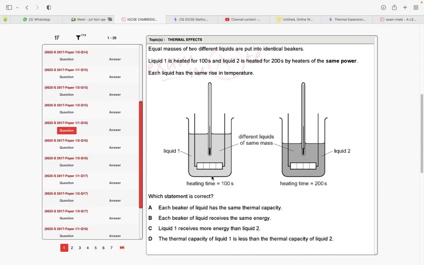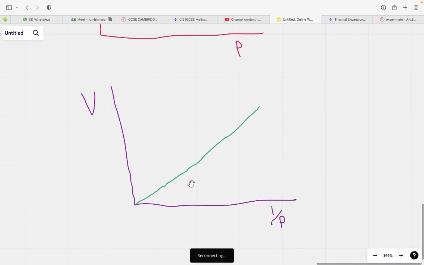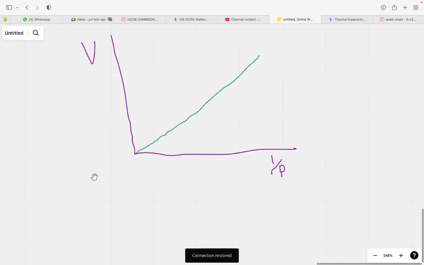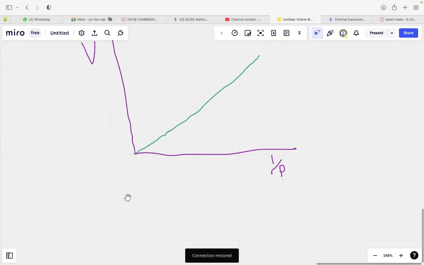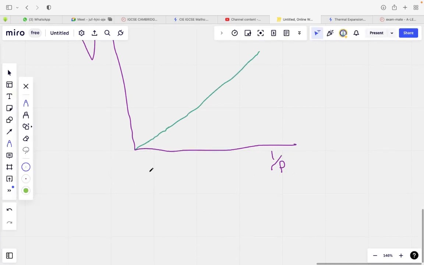That's wrong. Liquid 1 does not receive more energy because energy is what? IVT. The electrical energy from the heater is IVT, your current times your voltage times your time.